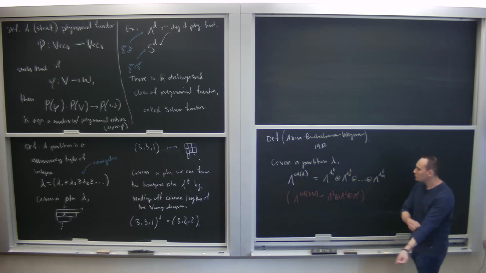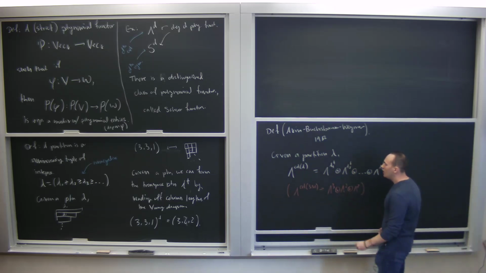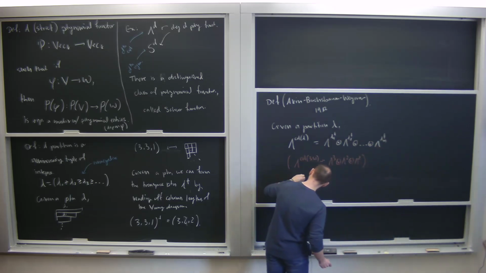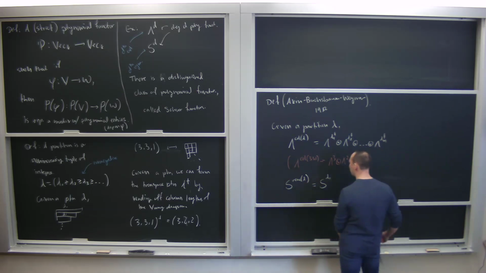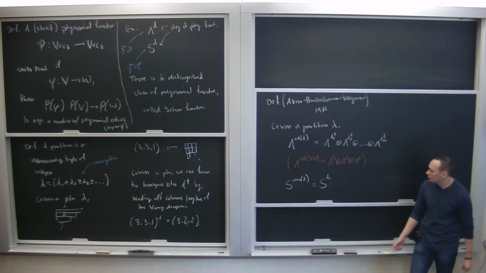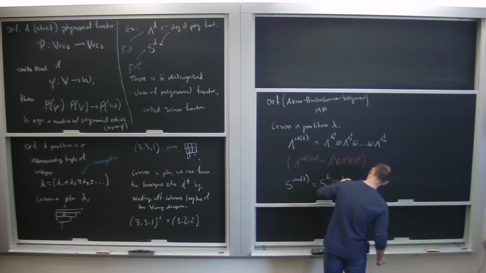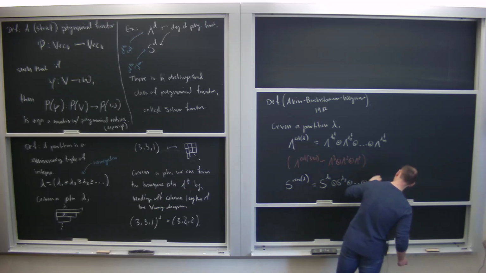All right? And then likewise, I'll use a similar notation for symmetric powers. If I write S to the rows of lambda, it's the exact same thing, except now I actually use the entries of lambda, not the transpose terms. So this is S lambda 1, tensor S lambda 2, and so on, up to S lambda n.